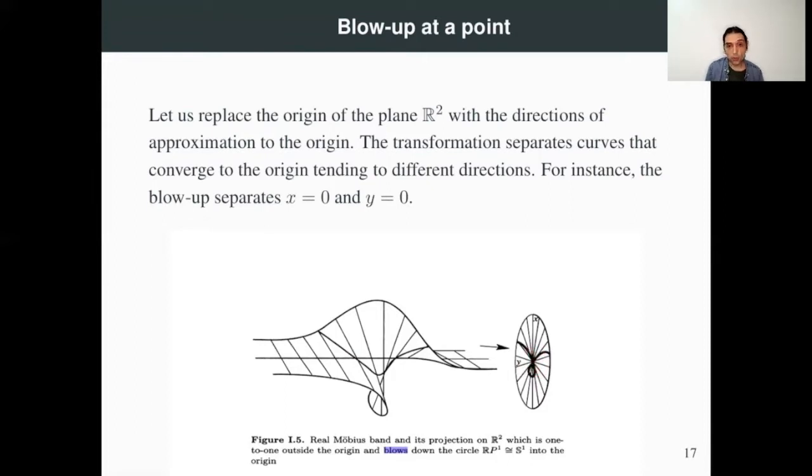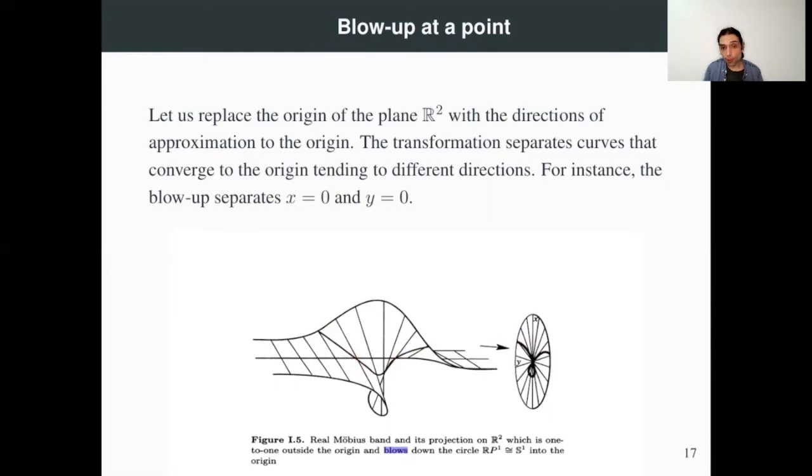So when you actually lift this curve to the blow up of the origin, what happens is that this curve is transformed into this one. And when you follow the curve and you get to this point, then you continue, and instead of going twice through the same point, in the blow up, you are going through two different points.